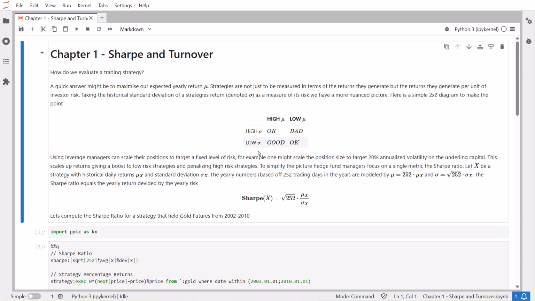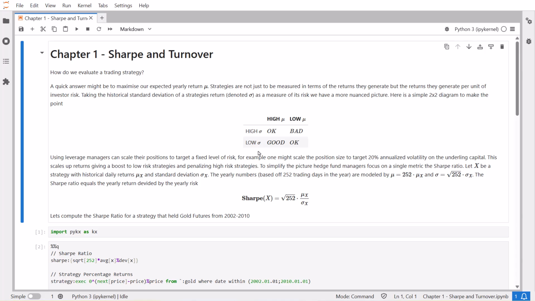So if there's only a 10% risk, he can maybe borrow more money to scale up to 20% annualized volatility. This scales up the returns and gives a boost to low risk strategies because of this extra capital that can be deployed into them. And it penalizes the high risk strategies.